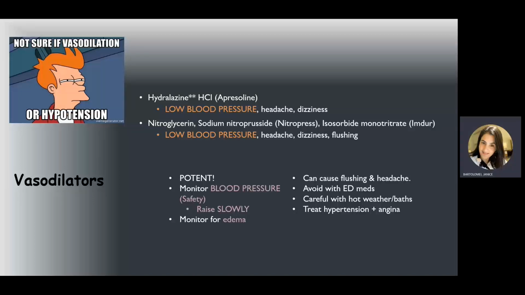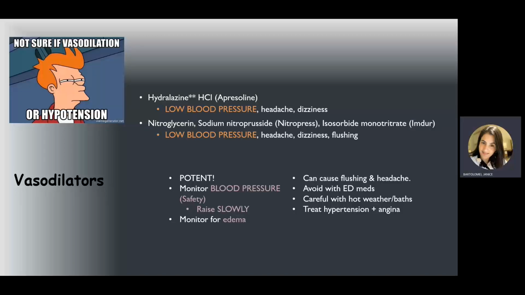They could also cause flushing and headaches because of the vasodilation. They might get a little red, flushed, and you want to monitor for edema. So those are the little things that are different with hydralazine.